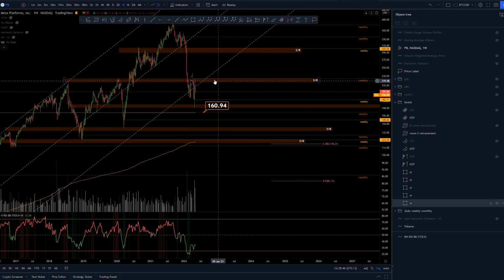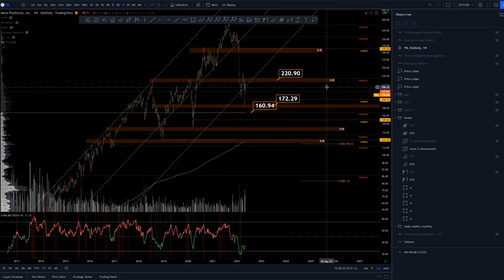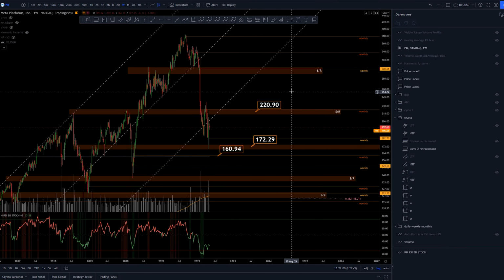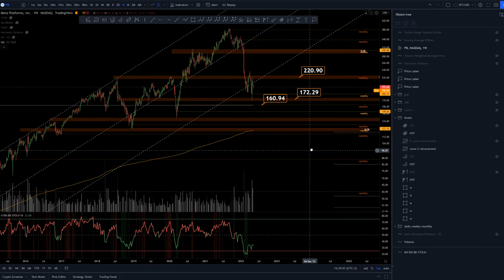This current area again has a monthly and this established support and resistance area. So these two levels that we have been bouncing off of, or between, is what we're looking to break before we are going to try to head in one direction or another.